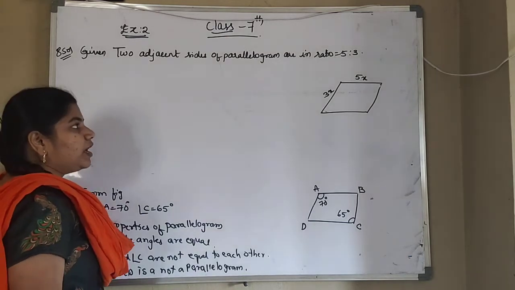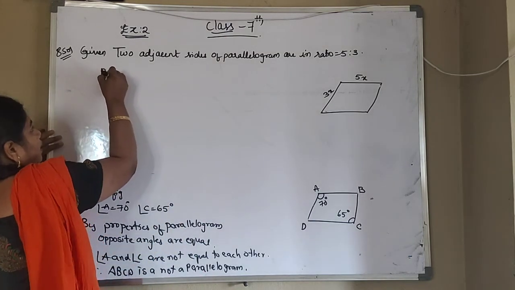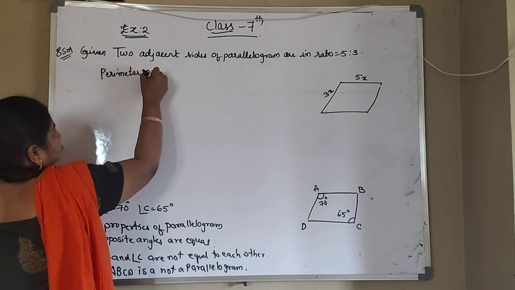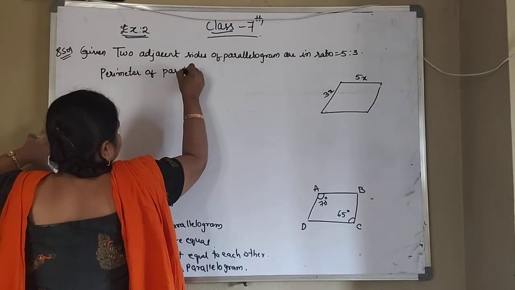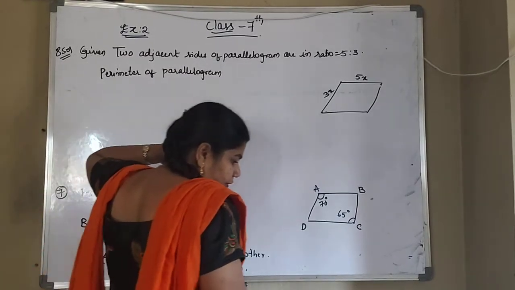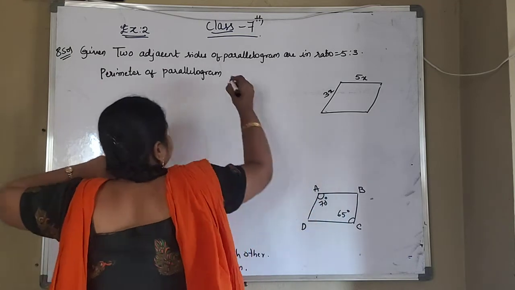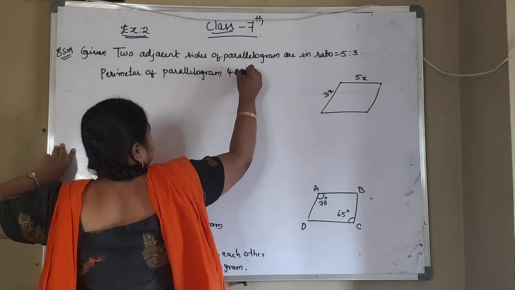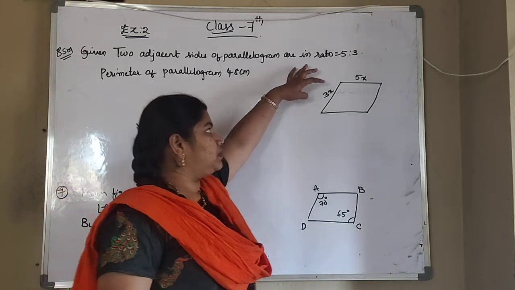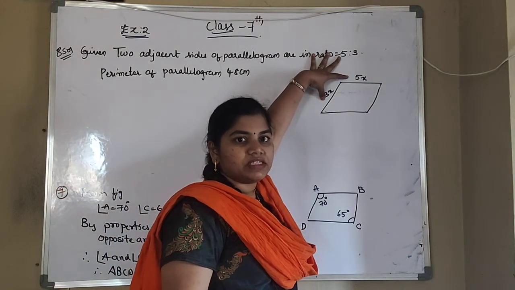They have also given the perimeter of a parallelogram, that is 48 centimeters. They have given only two sides.